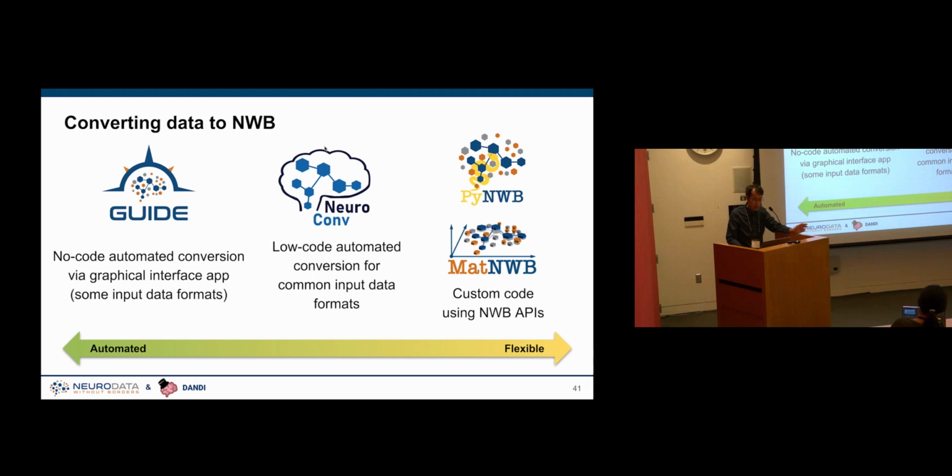NeuroConv for a little more fine-grained control and a wider scope, and PyNWB and MatNWB is the most flexible, lets you do basically anything to convert your data to NWB. Yeah, all right, that's it. Any questions?